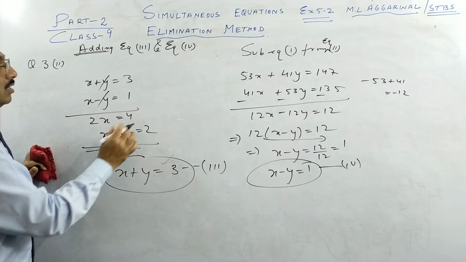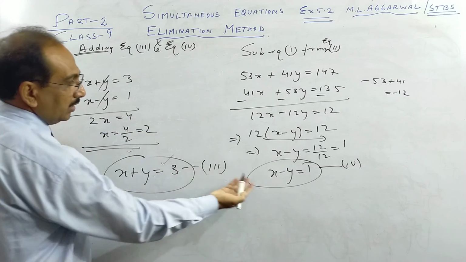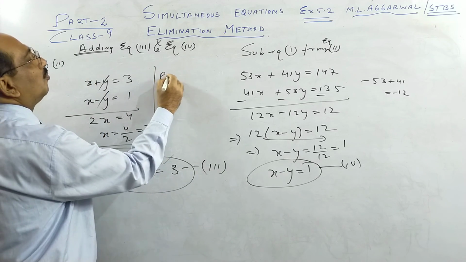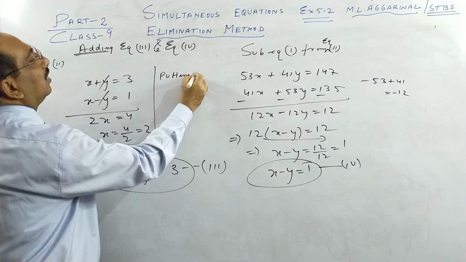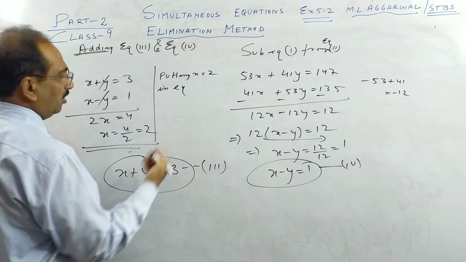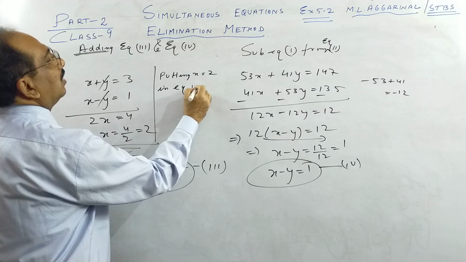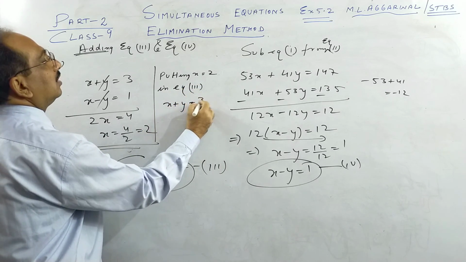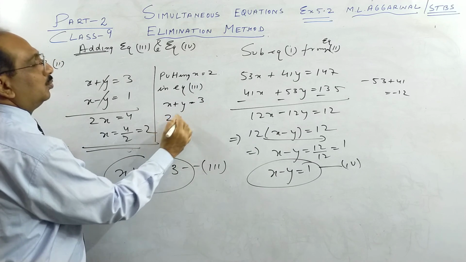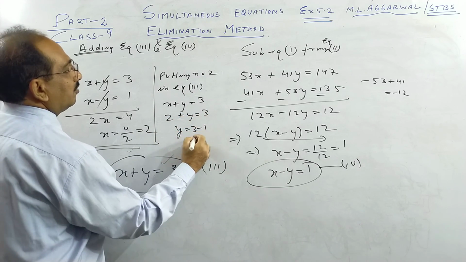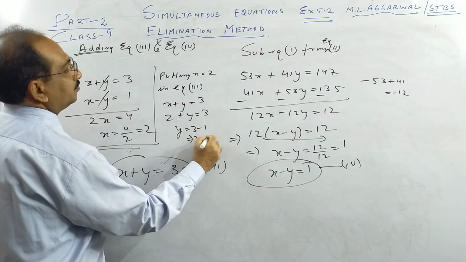So I get x. Put the value of x anywhere here, either in 3 or 4. Don't go to 1 and 2. So last thing, putting x is equal to 2 in either equation, 3 or 4, I'm putting it in 3. So x plus y is 3, x you put 2, plus y is 3, y is 3 minus 2, y is 1.